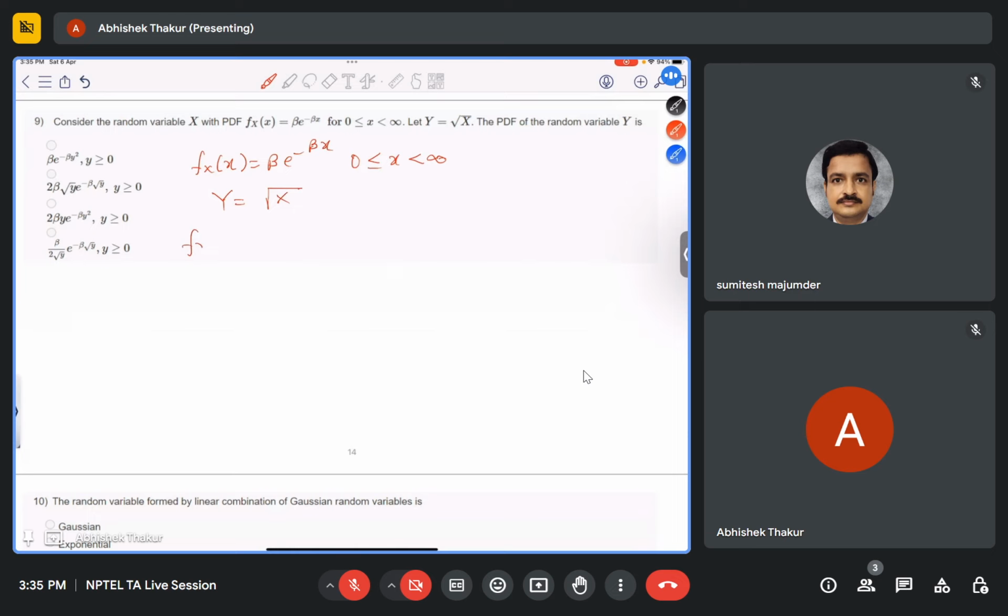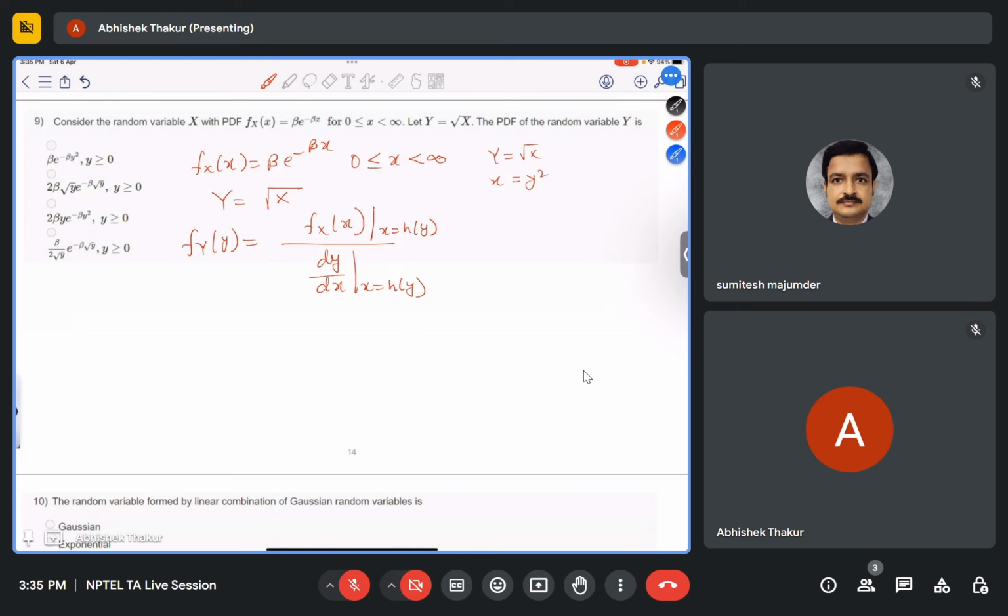So f of y is, this formula we have studied, divided by dy by dx, and here x is equal to h of y. We'll substitute the value of x equal to h of y. y is equal to root x, so x is equal to y square.